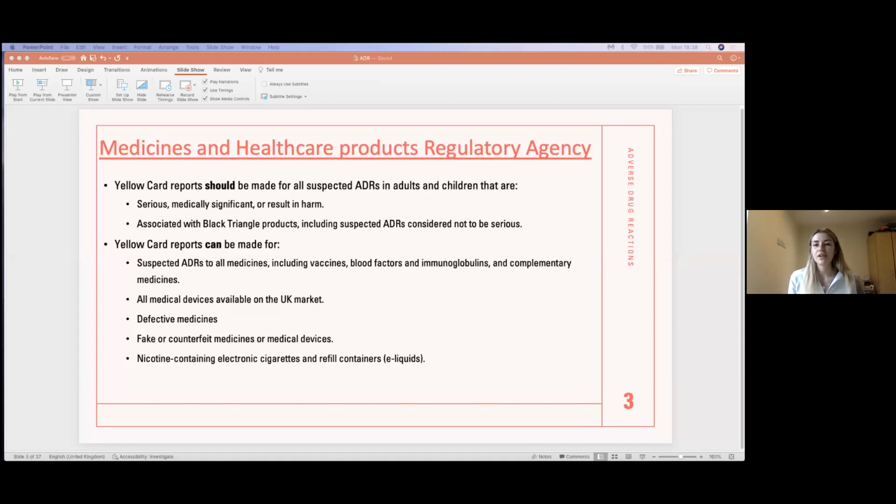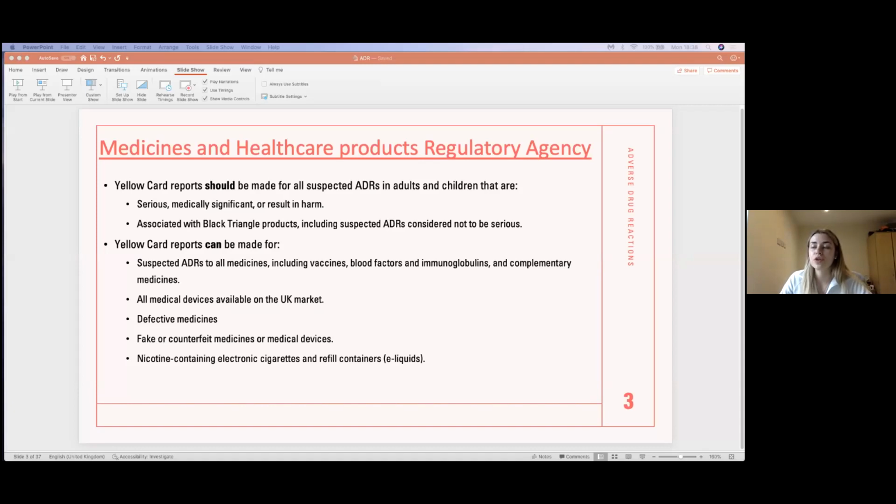They have a yellow card system where you should and you can report adverse drug reactions. So all drug reactions which cause medically significant harm to a patient absolutely have to be recorded through the yellow card system. And that's in adults and children.